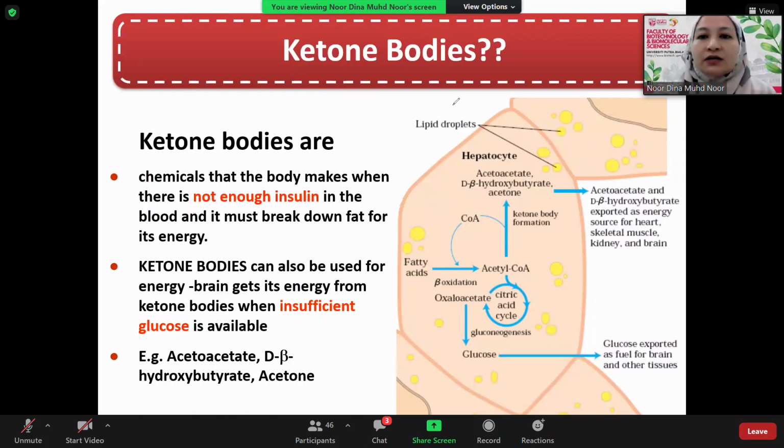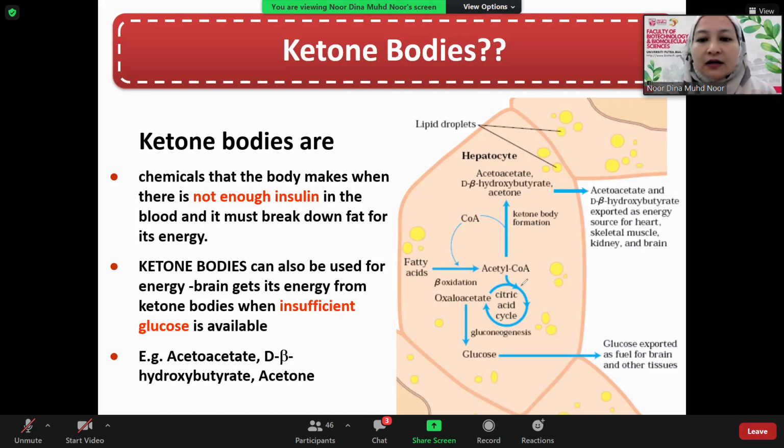So in the diagram, this is lipid droplets, and this is hepatocytes, and this is acetoacetate, which is derived to the formation of the ketone bodies.